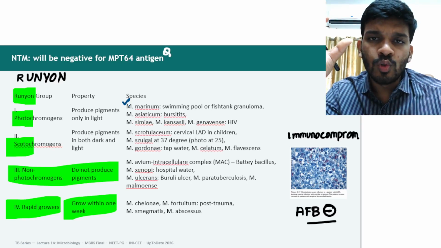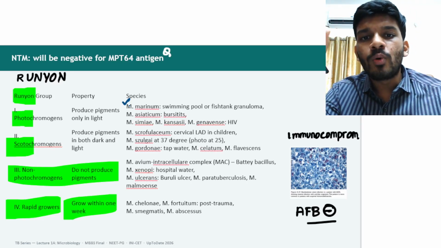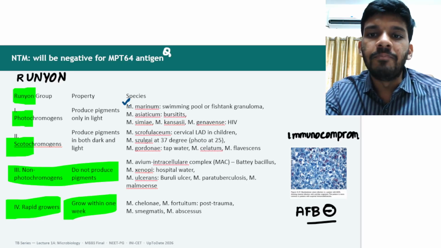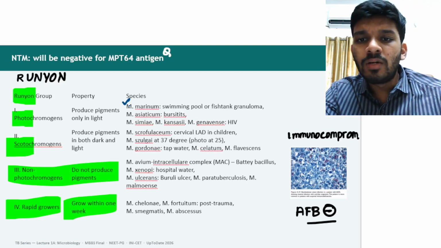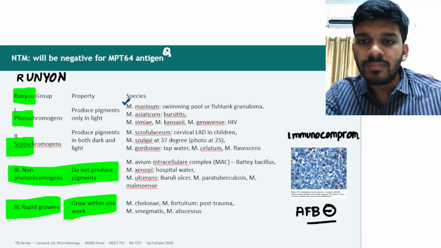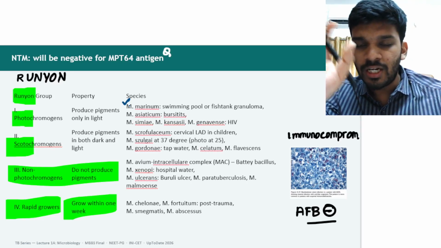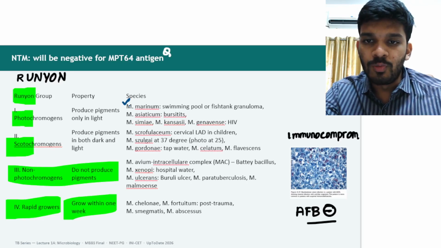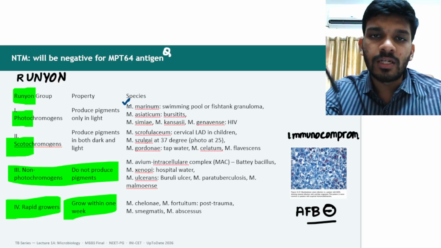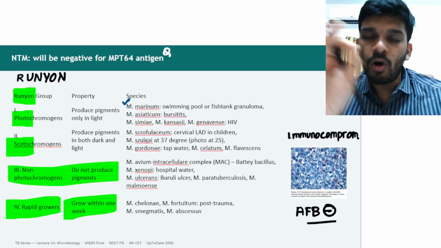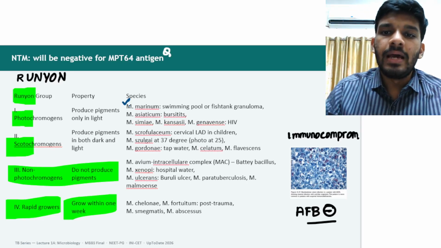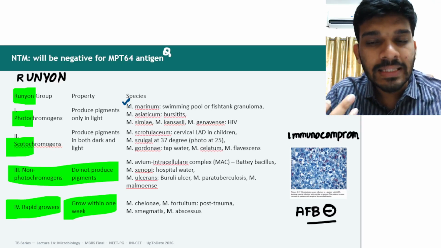So anything related to swimming pool or fish tank, you can mark photochromogen marinum, right? Other ones, kansasii, asiaticum, simiae, gen avense, these are all photochromogens. You can just remember the names, in case it comes in your exam as a match the column kind of question. Next, scotochromogens. So in the dark.